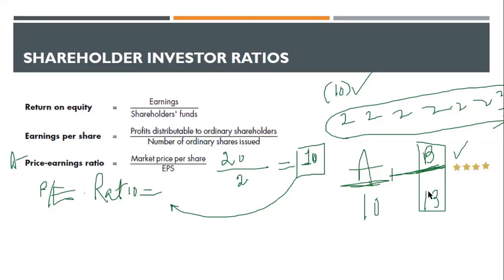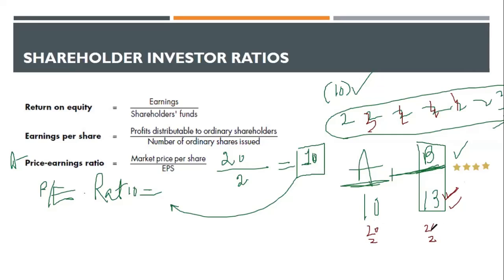Because the market is willing to pay 13 times, it looks like the market has big hopes with this share. Investors are willing to give so much because they believe that earnings from next year will start increasing, and therefore they are investing. Whenever you see a higher PE ratio, here the EPS is also 2, but the market price is 26.